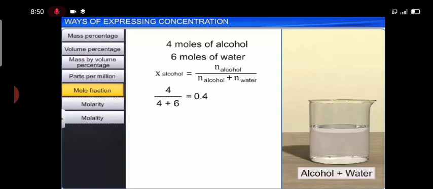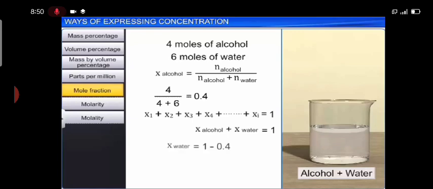As the sum of the mole fractions of all the components of a solution is always equal to 1, the sum of the mole fraction of alcohol and the mole fraction of water is 1. Or, the mole fraction of water is 1 minus 0.4, or 0.6.